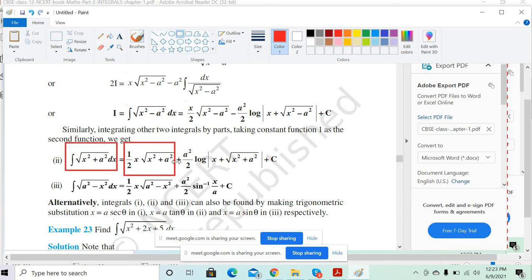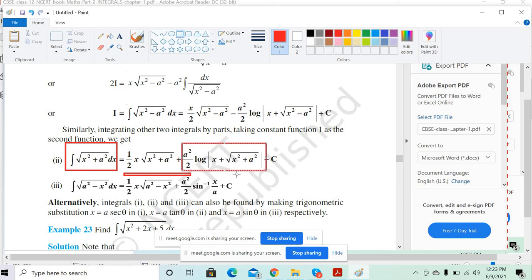Whatever the integrand is, x square plus a square, everything remains the same: half x into square root of x square plus a square, plus a square by 2 log of x plus square root of x square plus a square. Everything remains the same, only the minus sign changed to plus sign. Integrand remains the same. Clear, no?